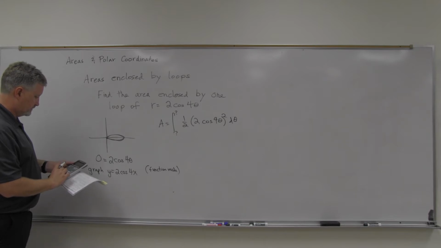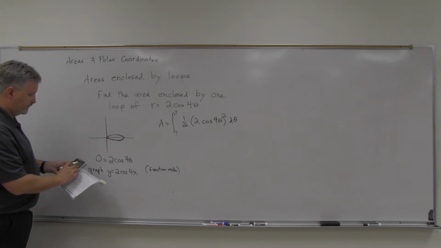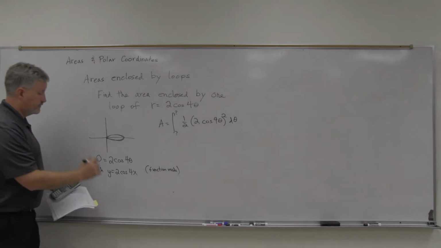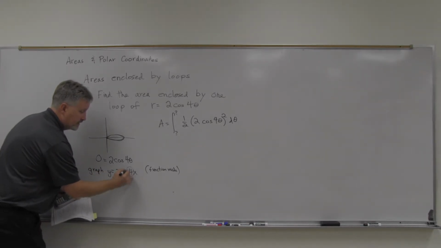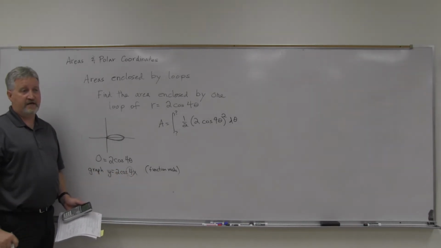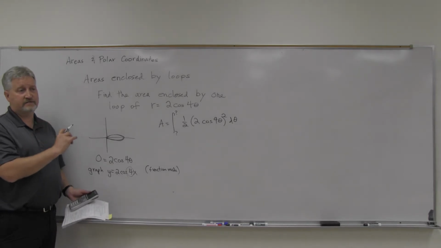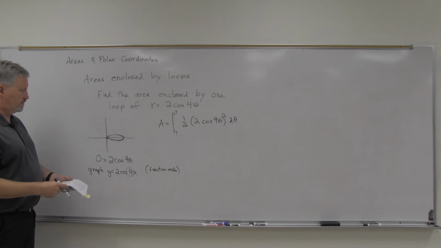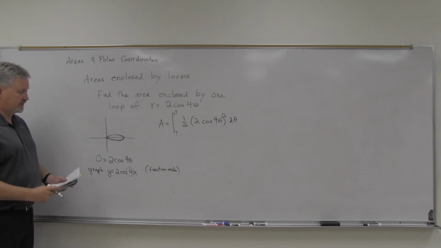So y equals 2 cosine 4x. Okay. Now, what I like to do is, depending upon that number times x, scale off, because you still have to figure out which marks am I talking about.